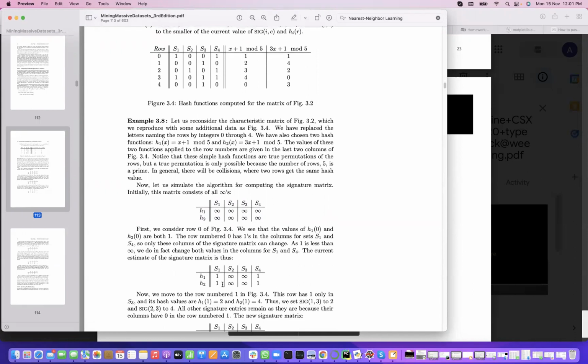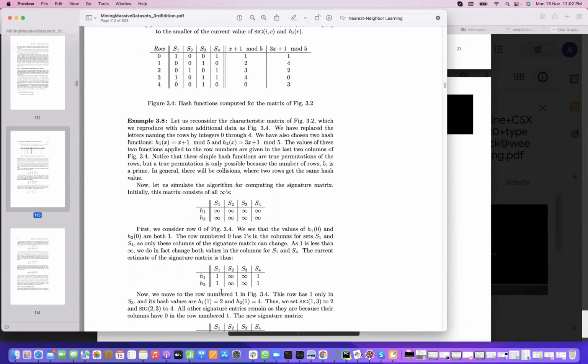Now you verify this and tell me whether this update is right. After transforming row 0, in one hash function it goes to 1, and the other hash function also goes to 1. So whatever you get for H1, you should also get for H2 here, because both permuted order numbers are 1s. Why did you get S1 equal to 1 here?